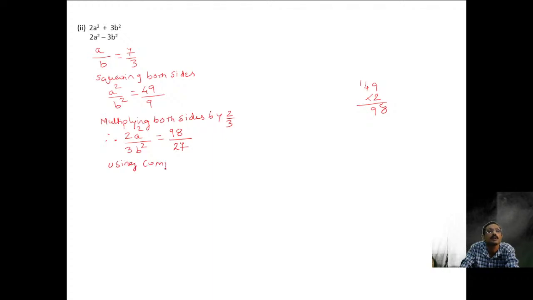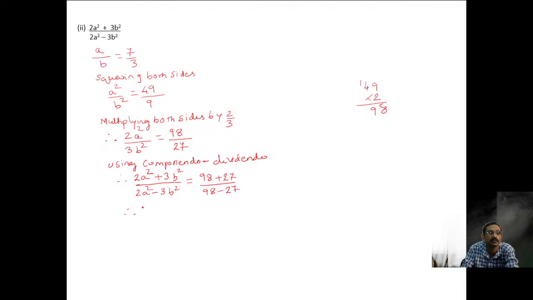Using componendo and dividendo, we will get 2a square plus 3b square upon 2a square minus 3b square, which is equal to 98 plus 27 upon 98 minus 27.